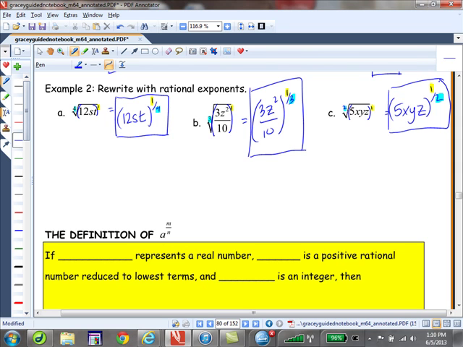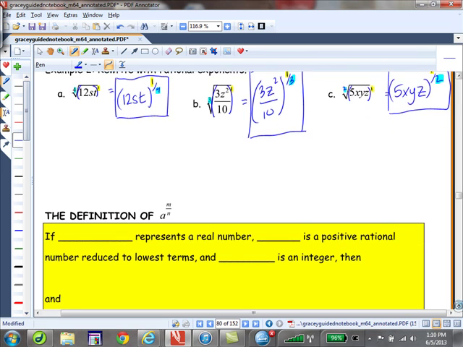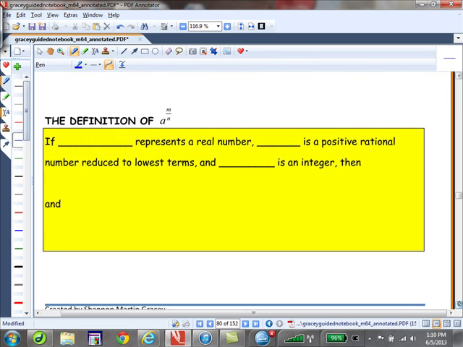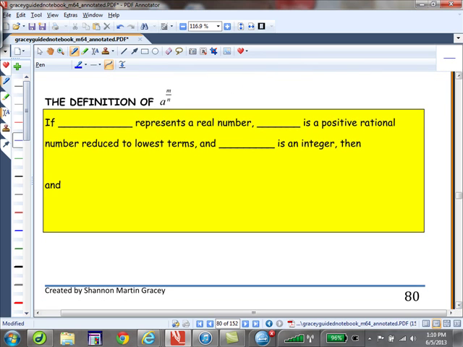Okay, so here we go. Next up, this shouldn't be too much of a stretch for you since I already clued you in on the power over root business. But if the nth root of a represents a real number, m over n is a positive rational number reduced to lowest terms, and n has to be an integer greater than or equal to 2, then it turns out that a raised to the m over n is equal to, so again, you can do power over root again.